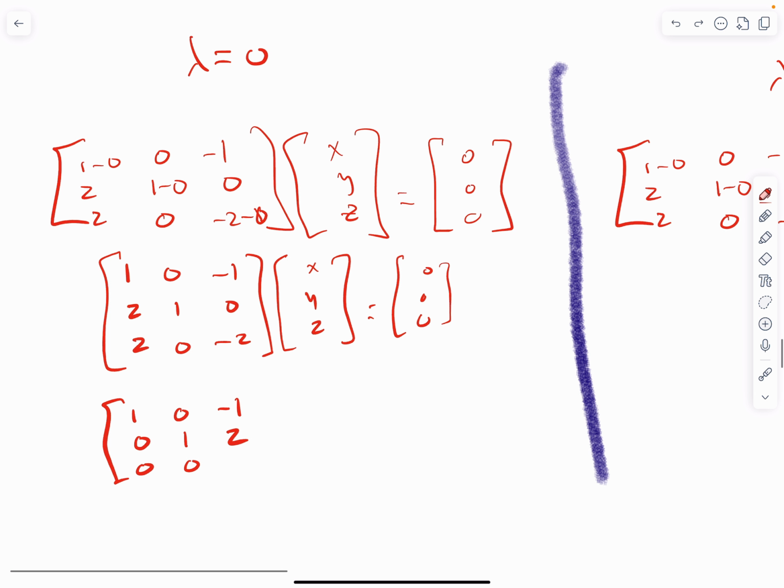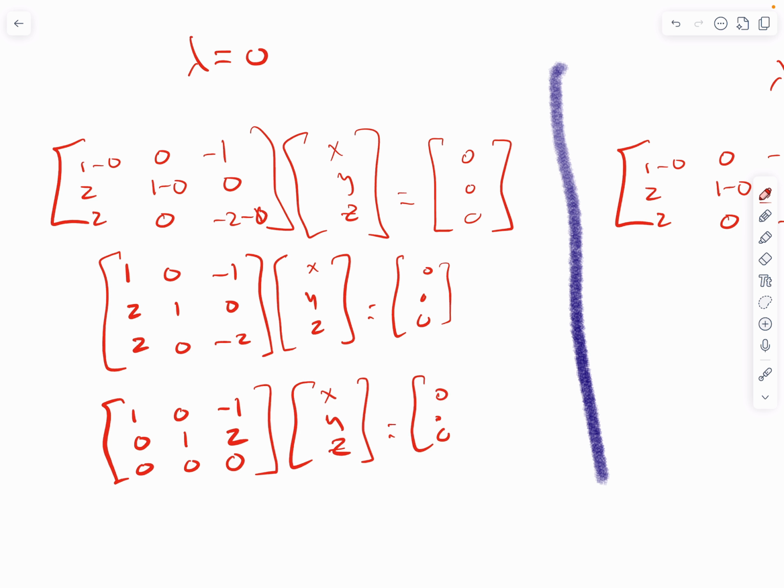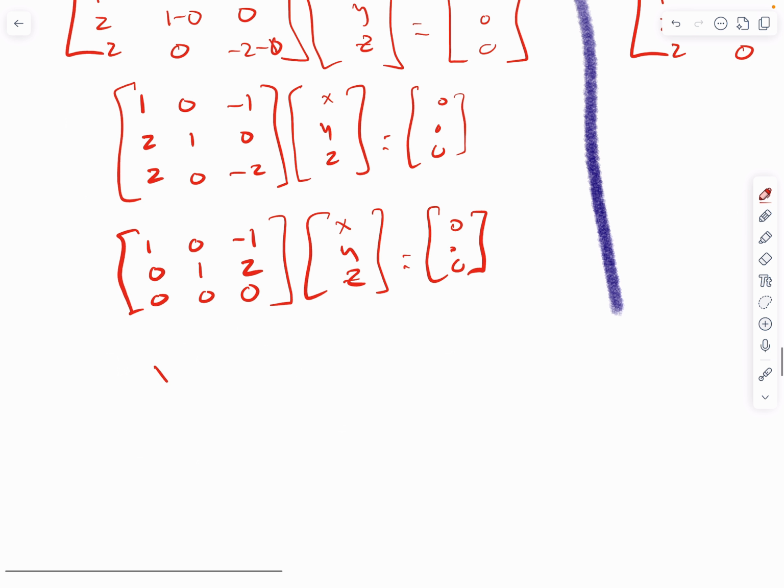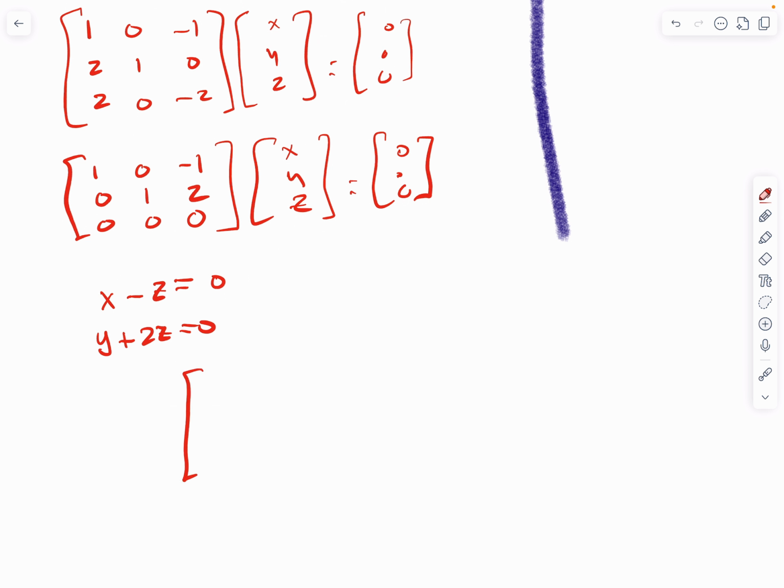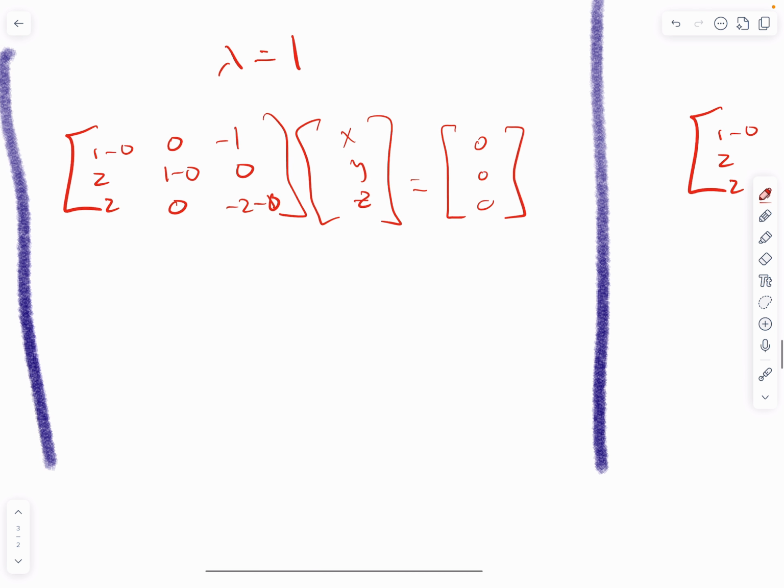So that becomes 0. There's my zeros. Excellent. Okay, so we've got x minus z equals 0 and y plus 2z equals 0. So z is the free variable. So you can pick any number you like for z. Let's pick 1. x is going to be the same, and y is going to be negative double the z. So there's my v1.